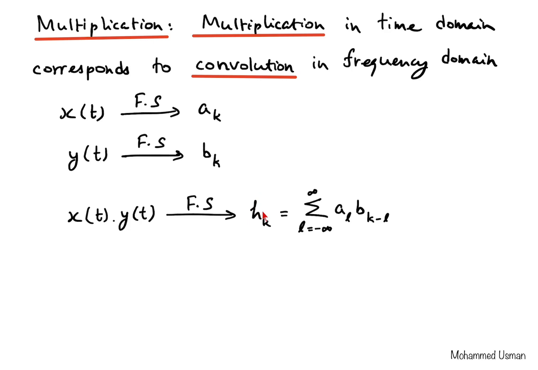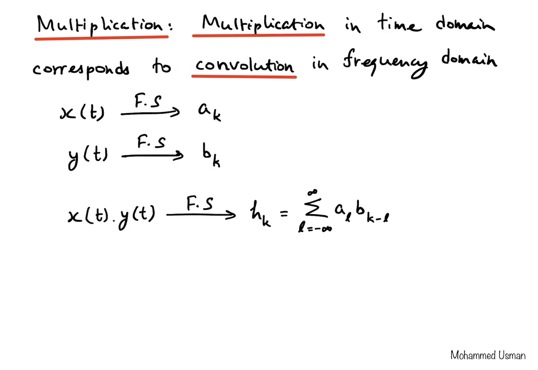we find that the Fourier series coefficients of the product of these two signals x of t and y of t is nothing but the convolution of the individual Fourier series coefficients, that is the convolution between the Fourier series coefficient of x of t and the Fourier series coefficient of y of t.